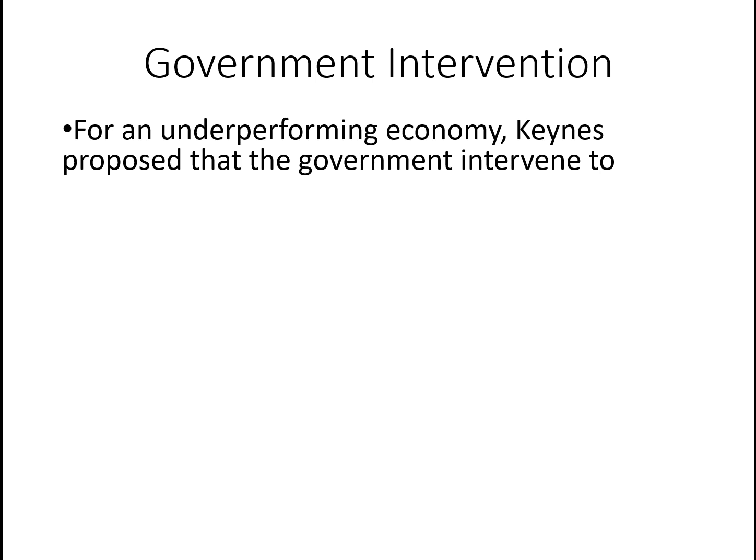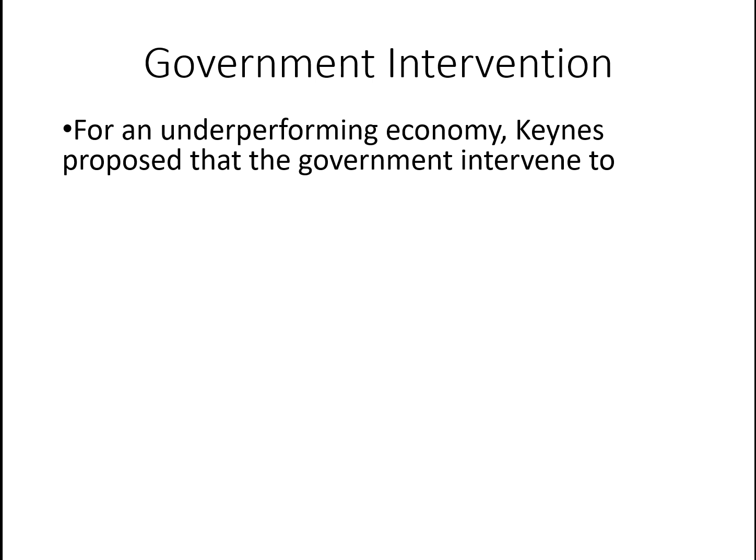So in this video, we will look at what kind of government intervention can be used if the economy is inherently unstable, so that the government can help pull the economy up when it is not good, and cool it down when it is too hot. We will also look at how many stages the economy experiences in the business cycle, and how we identify which stage a country's economy is in.